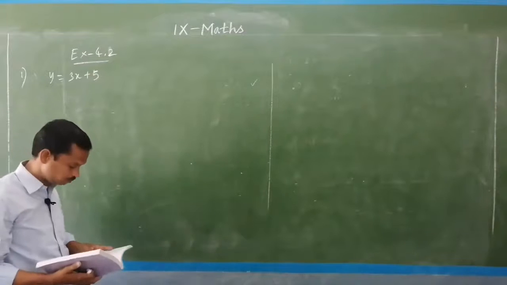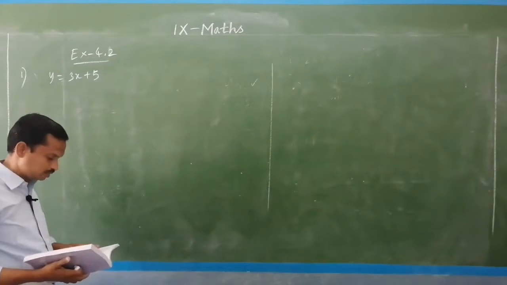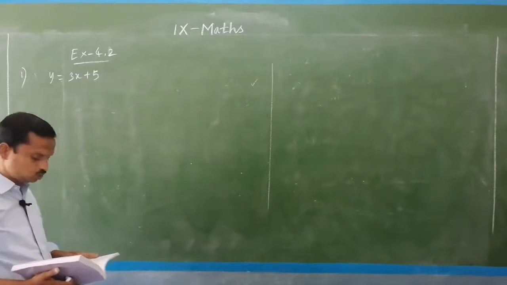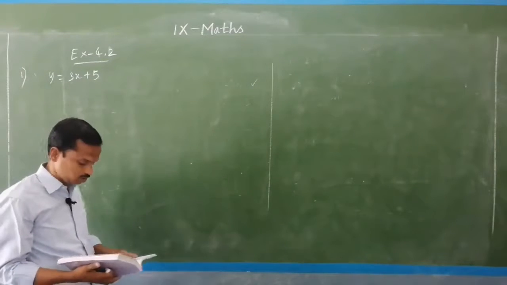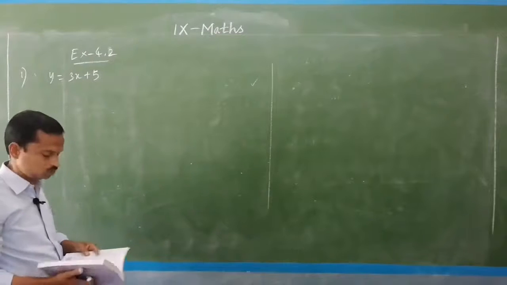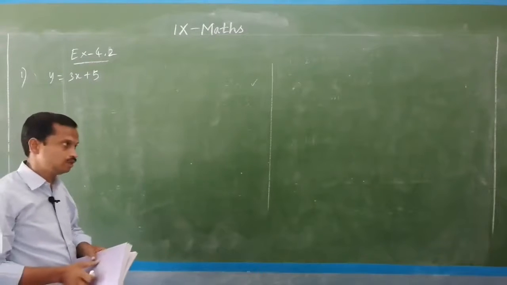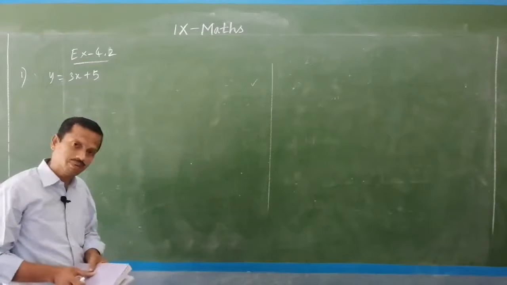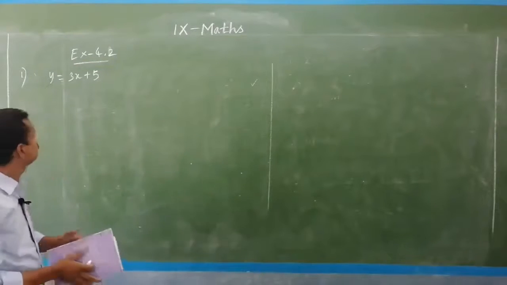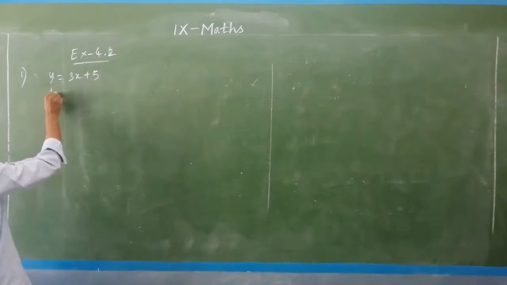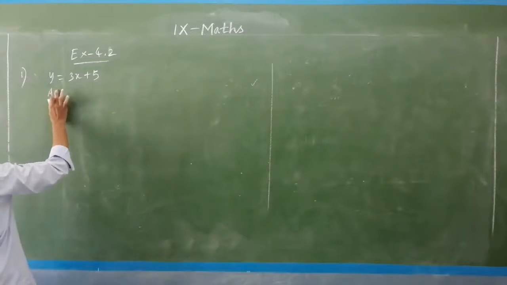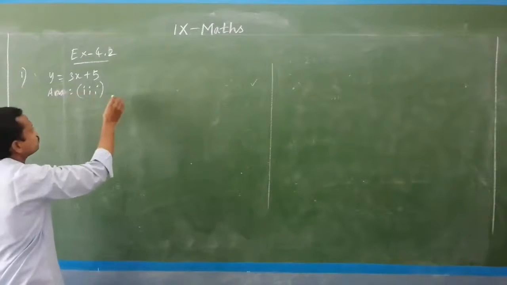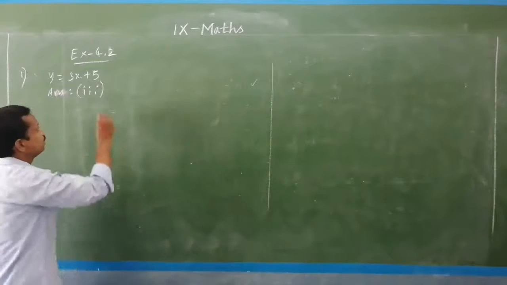Three options are given: unique solution, only 2 solutions, infinitely many solutions. Just now I explained, and at the very beginning also, that a linear equation in 2 variables has infinitely many solutions. So, the answer is option 3, that is infinitely many solutions.